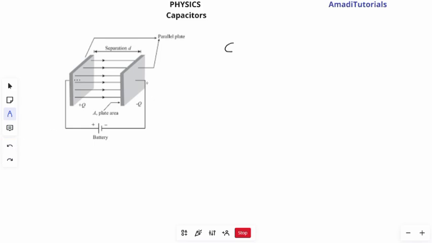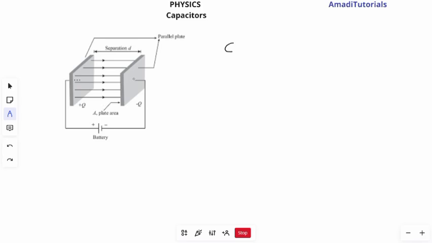So let's look at what affects the capacitance of a capacitor in terms of the materials we use to construct it, or how we construct a capacitor. Now look at a basic construction of a capacitor.